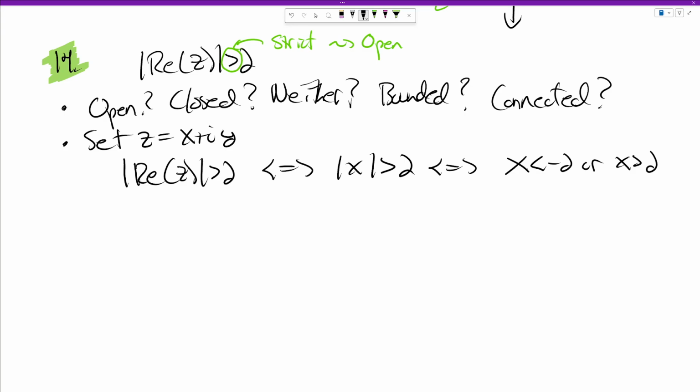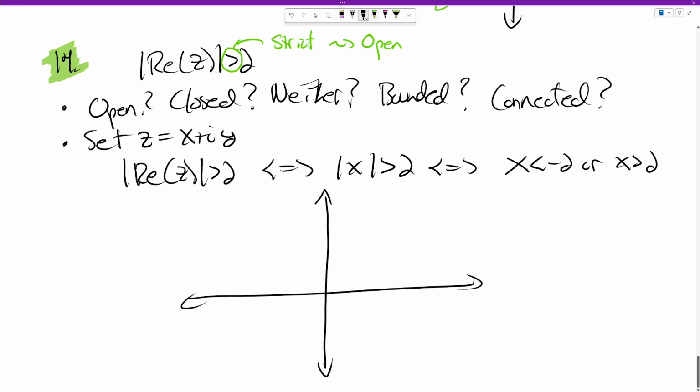So if we were to try to graph this set, absolute value of the real part of z is bigger than 2, our real part, which is x, has to exceed 2, so let's mark 2, or it has to be less than negative 2. So let's mark negative 2. We'll go out to 3 in each direction.